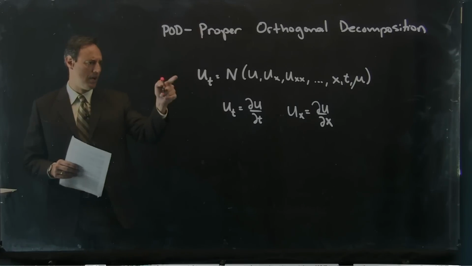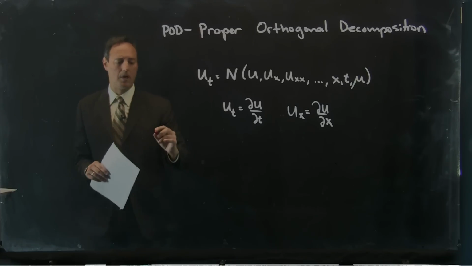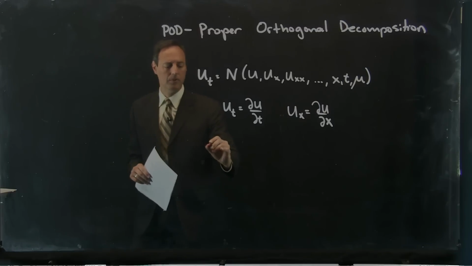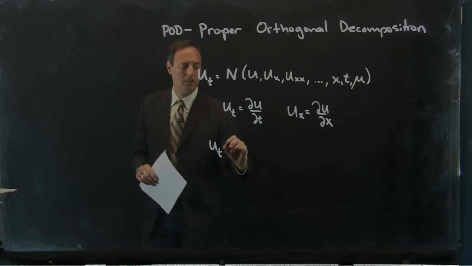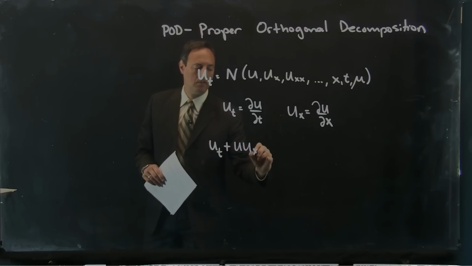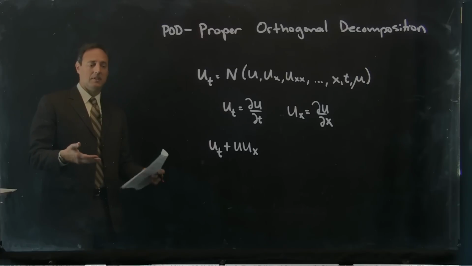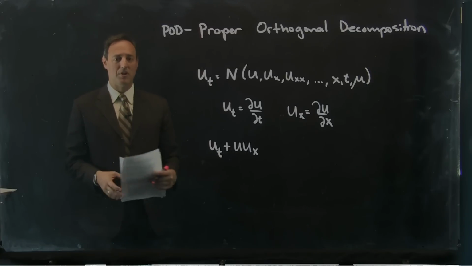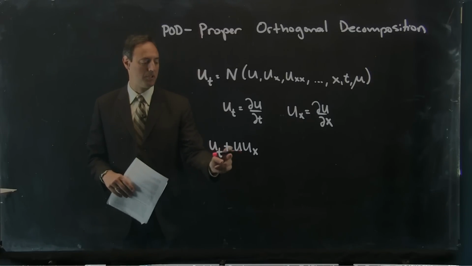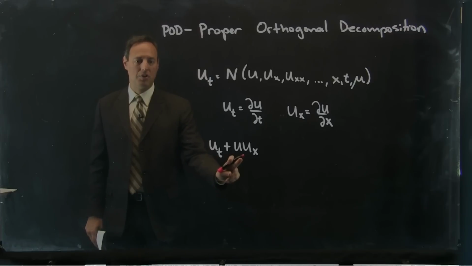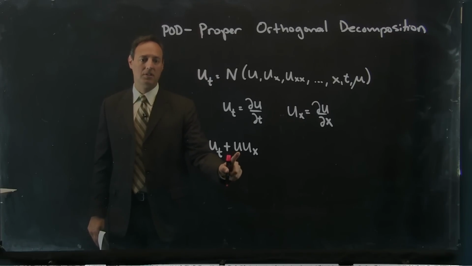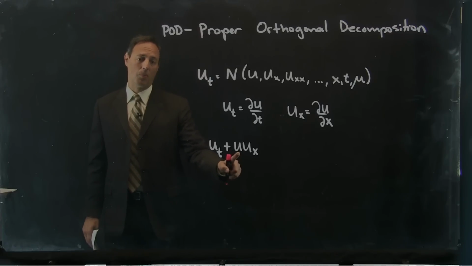As an example of an equation like this, a very specific one, let me write down for you something like the first and easiest nonlinear wave equation you could write down, which is u_t plus u u_x. If this u here was constant, then this would just be a one-way wave equation.